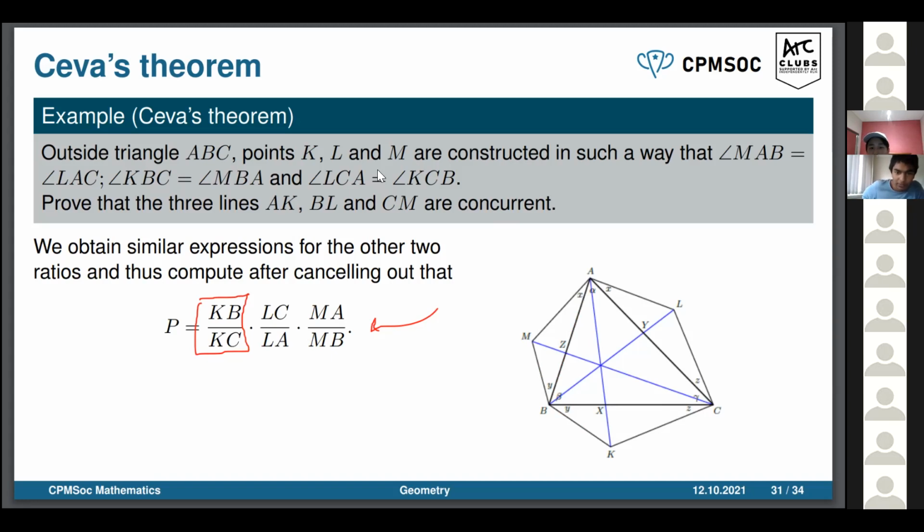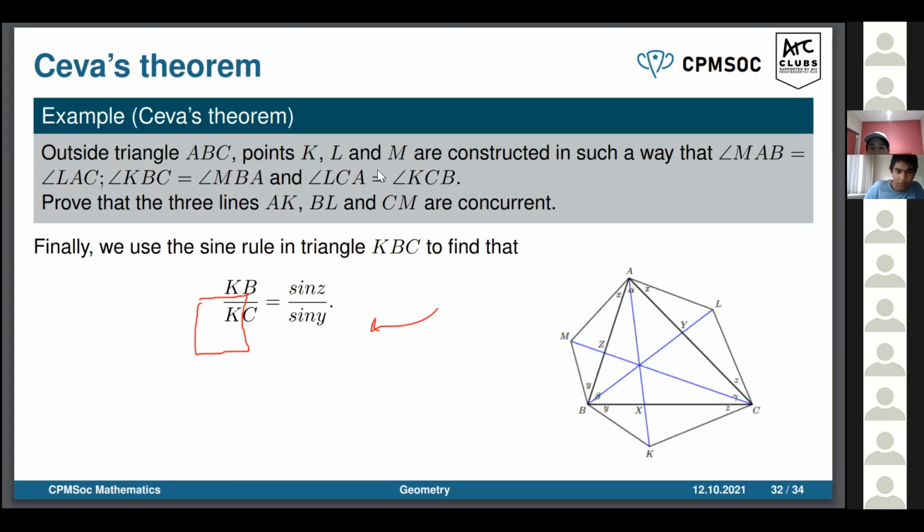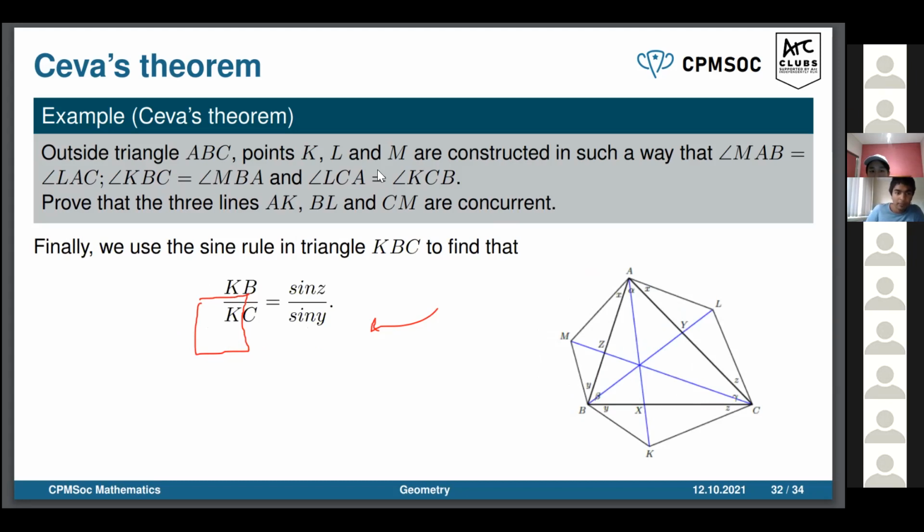Okay, so if I can go to the next one. Now we can use the sine rule in triangle KBC, and we get, for example, KB over sine Z is the same as KC over sine Y. So it means KB over KC is the same as sine Z over sine Y.